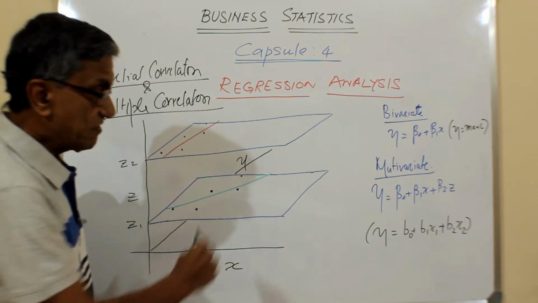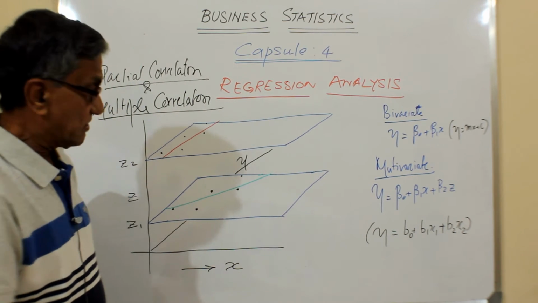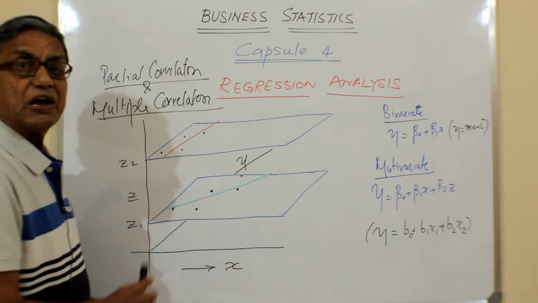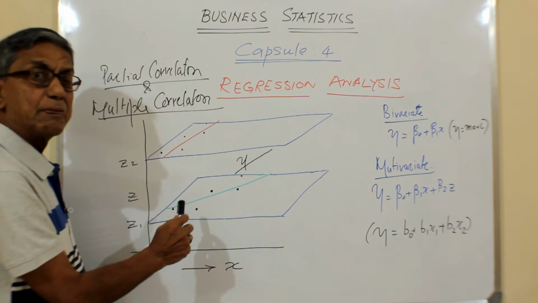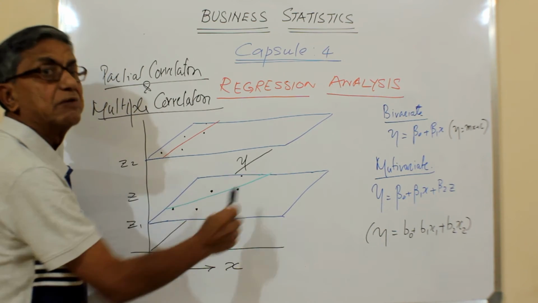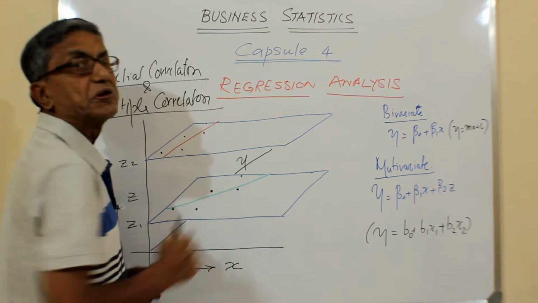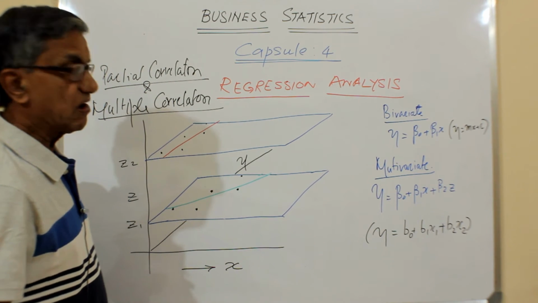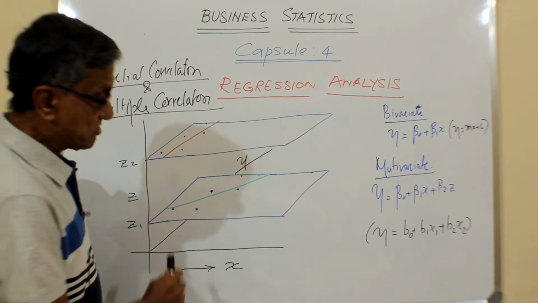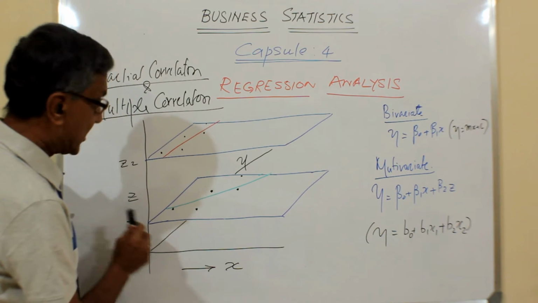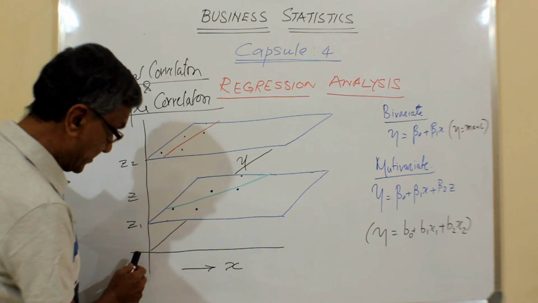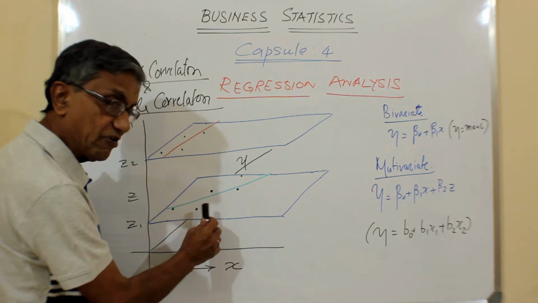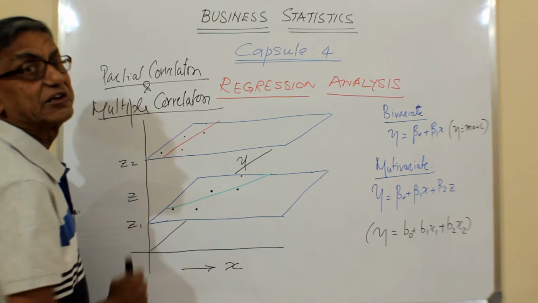Now, with the pictorial representation of a typical data I have shown here, I will first explain what is partial correlation in multivariate data, and then I will take it on to the regression coefficient with three variables, wherein two variables x and z are independent variables and y is the dependent variable. We will talk about x and y holding z at a particular value.